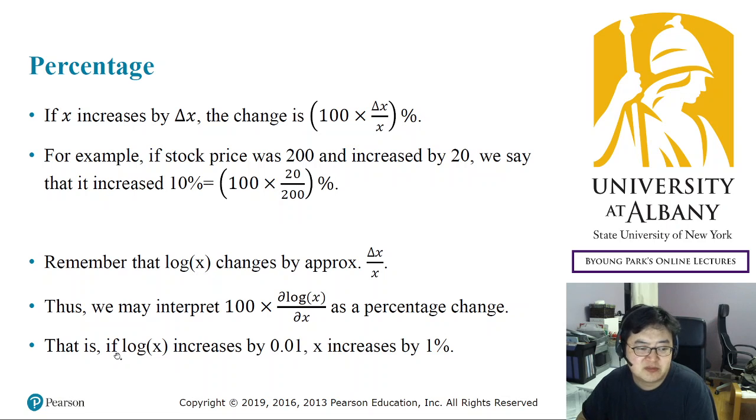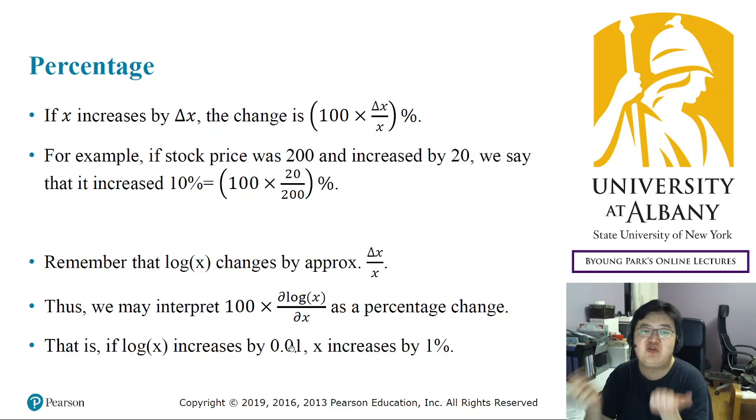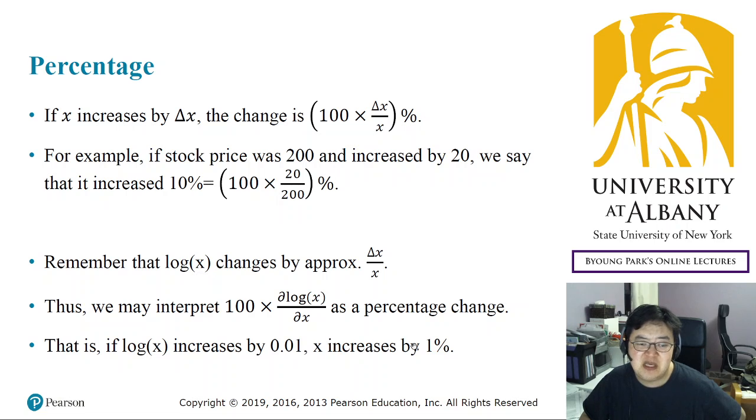For example, if log x increases by 0.01, it means x increases by 1%, right? So if x increases by 1%, log x increases by 0.01. They are equivalent. Percentage change in x can be interpreted as absolute change in log of x.